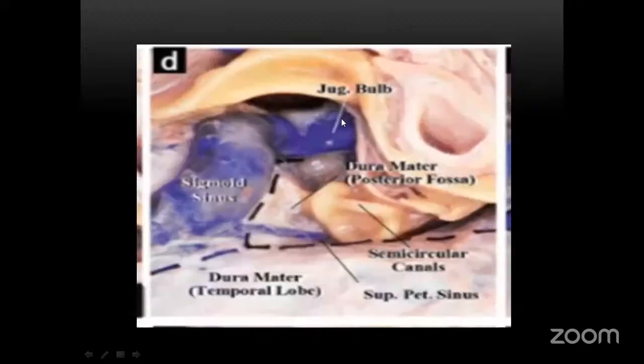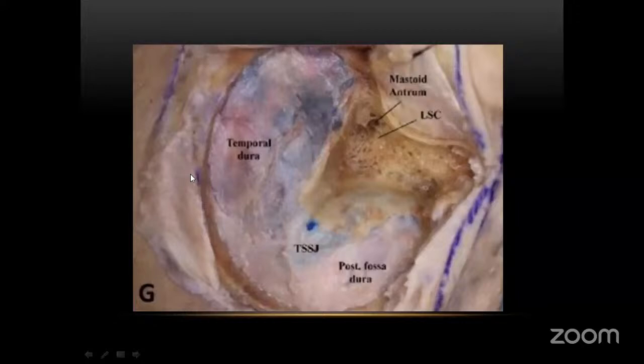Okay, then when we have cut down all this, and the jugular bulb, sigmoid sinus, temporal lobe and posterior fossa are visualized, one thing that we have to do with the help of the periosteum is peel the dura. We have to retract the dura from the temporal side. When we retract it, it will be flexible and give some space intraoperatively.